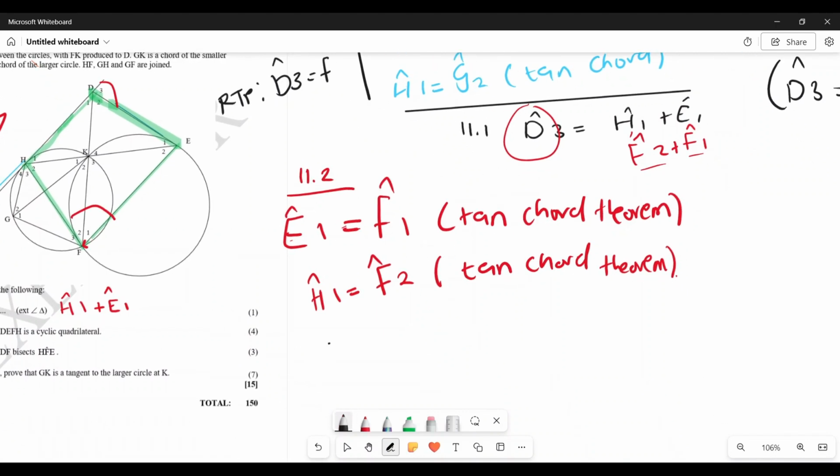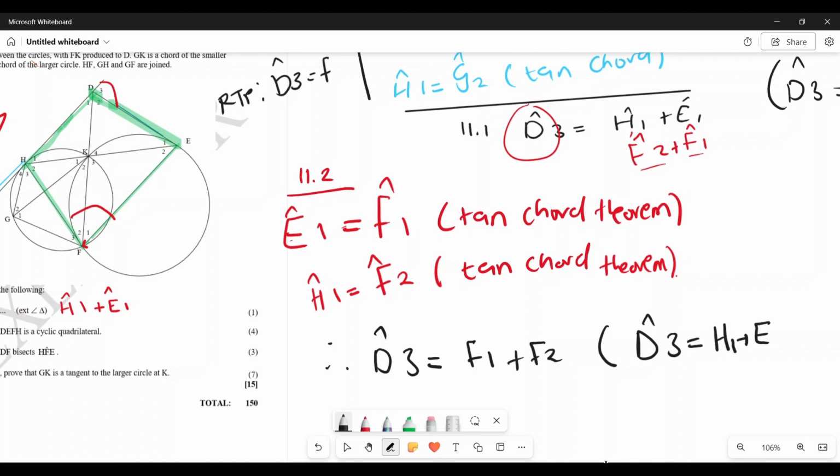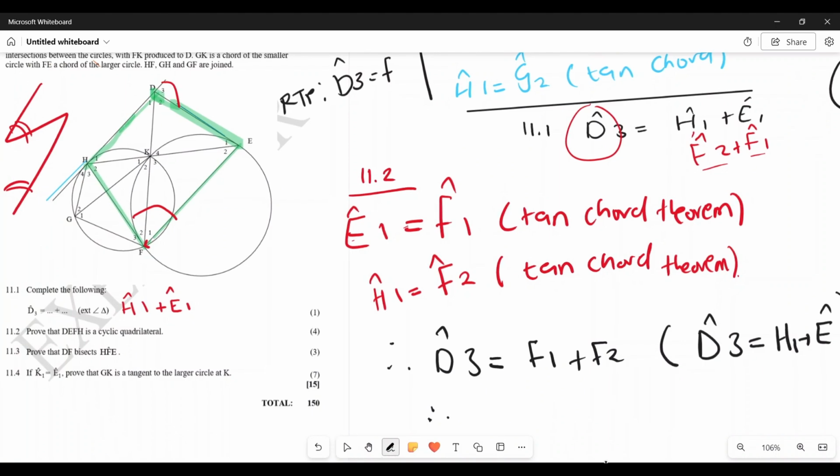So here I can say, okay, now in conclusion, my D3 is going to be equal to F1 plus F2. Now, why am I saying that? Remember, before I said D3 is equal to H1 as well as E1, right? So this would make DEFH a cyclic quad.